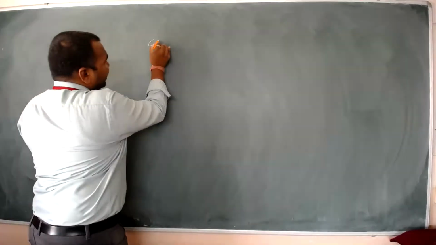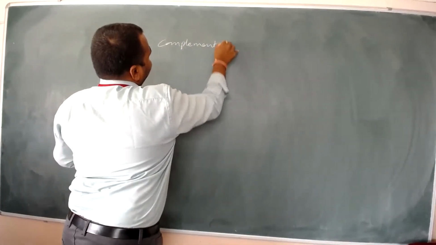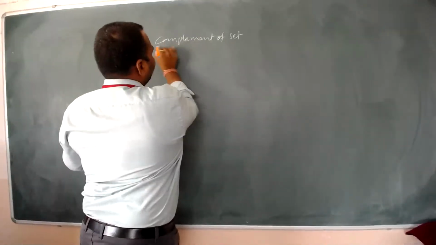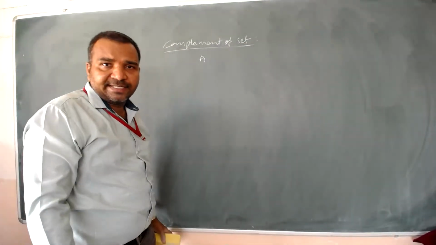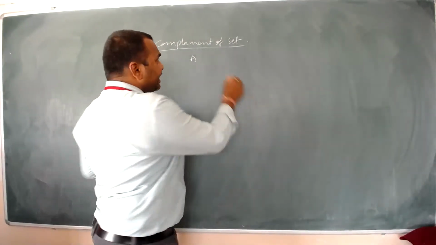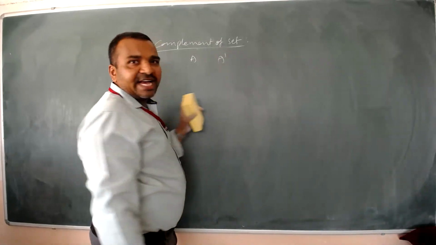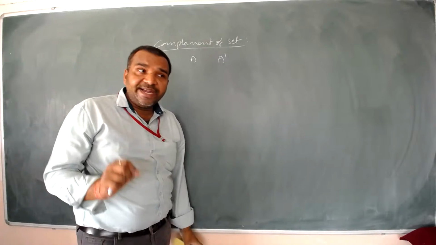Next, complement of a set. Capital A is any set. Its complement is denoted by A dash.